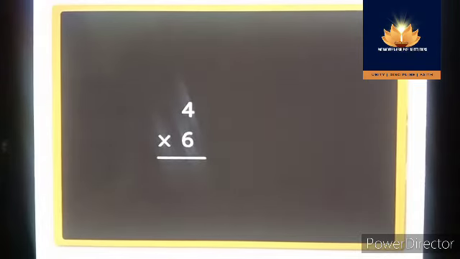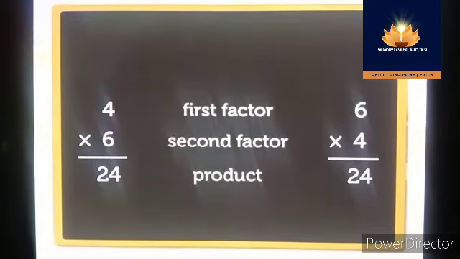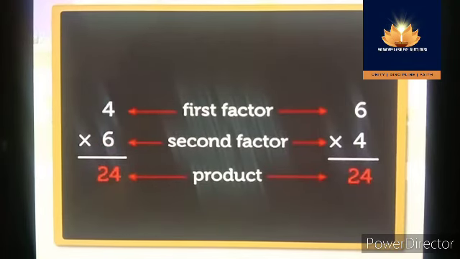So we see that 4 into 6 is 24 and 6 into 4 is also 24. We know that if we change the order of the factors, the product does not change. This property is also called the commutative property.